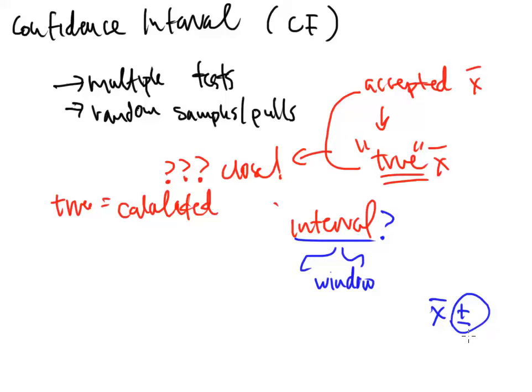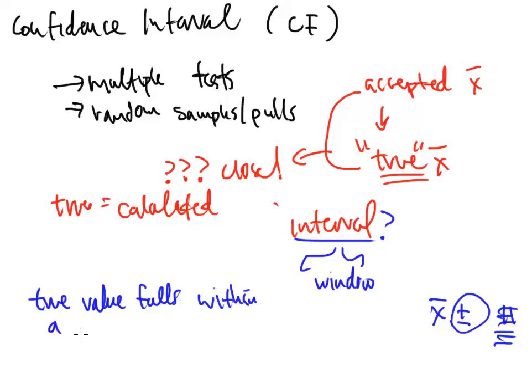And it will say, okay, this is your average. We have a plus or minus. And this plus or minus number, that's coming from your confidence interval. That's letting me know that the true value falls within a window.